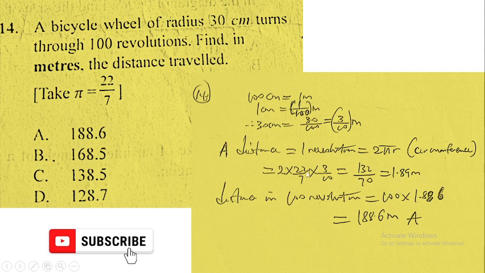So if 1 revolution is this, then we can now find 100 revolutions, which is the distance we have to find. Therefore 100 revolutions will be this times 100. So that way we have 100 times 1.886, and that will give us 188.6 meter as the distance covered by the bicycle in 100 revolutions. So option A is the correct option in question number 14.